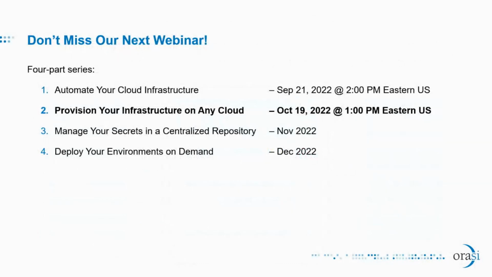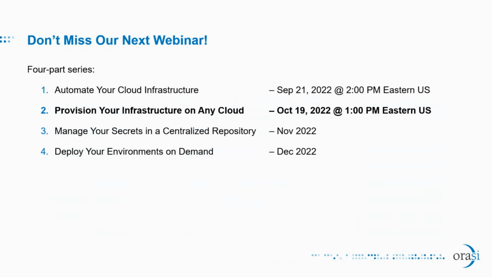As I said, in future webinars we'll dive into more details around this. For example, in October, as I mentioned, we'll talk about provisioning. We'll talk about the Terraform product and the Packer product and how they help you build architecture. In November, we'll talk about managing your secrets, and how the Vault and Boundary products can help you build a robust security model that ensures compliance and policy adherence.